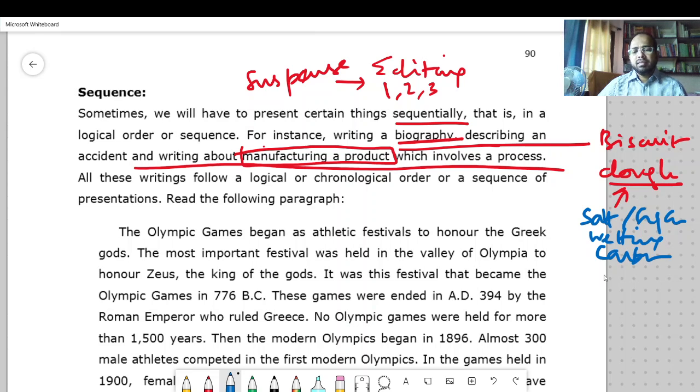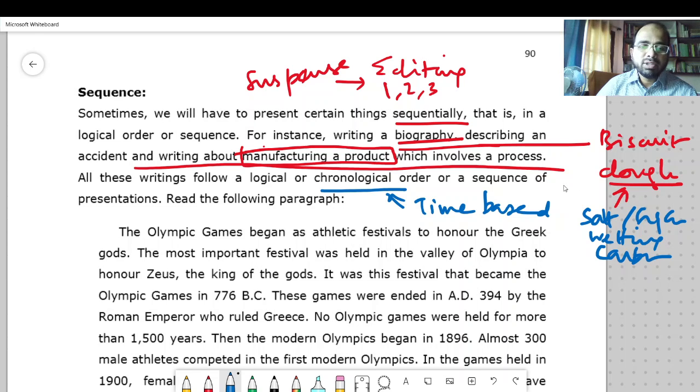You know about the bakery. So that is the sequence in which you have to properly tell. You cannot go backwards. So it should be in a chronological order. Chronological means time based.